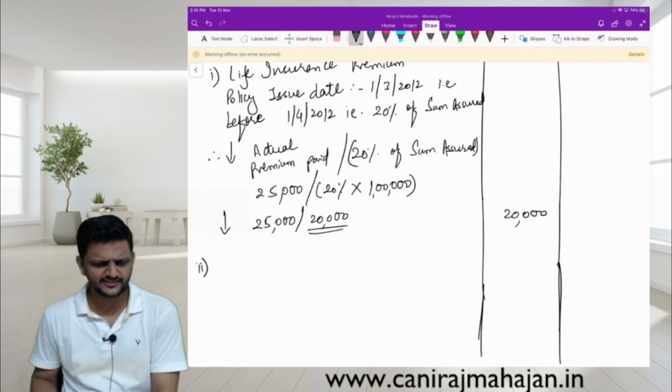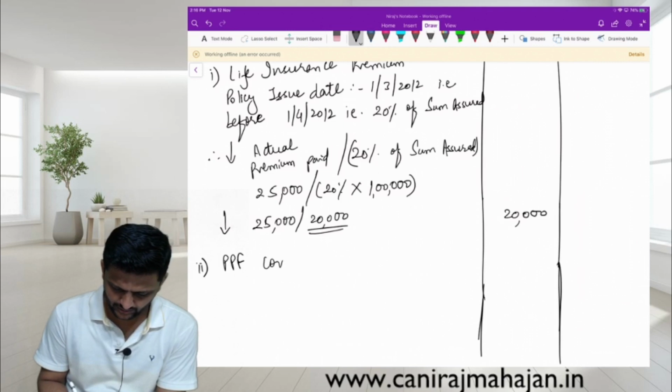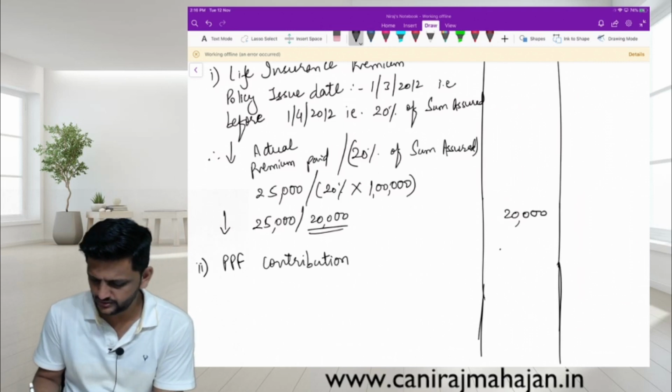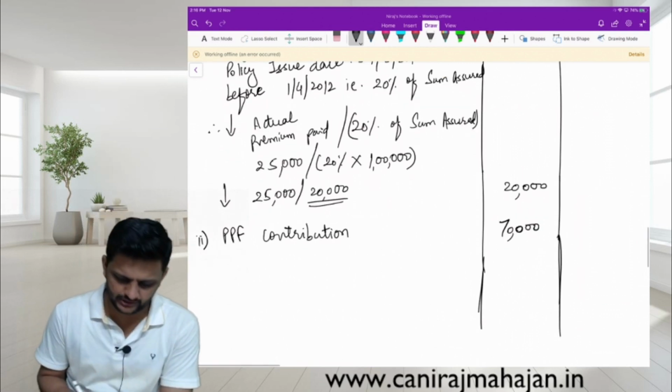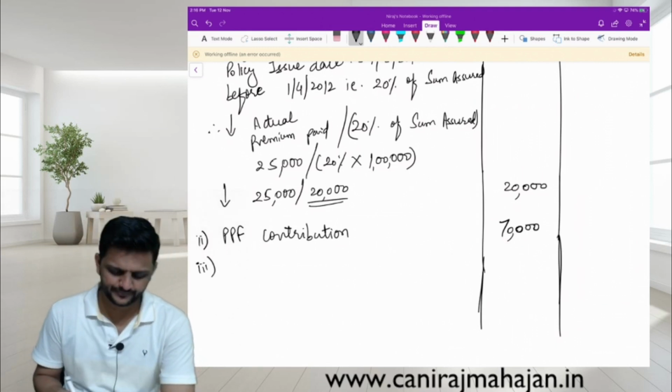As it is. Next one, PPF contribution. How much? 70,000. Next one, no problem still. Repayment means what? Principal.